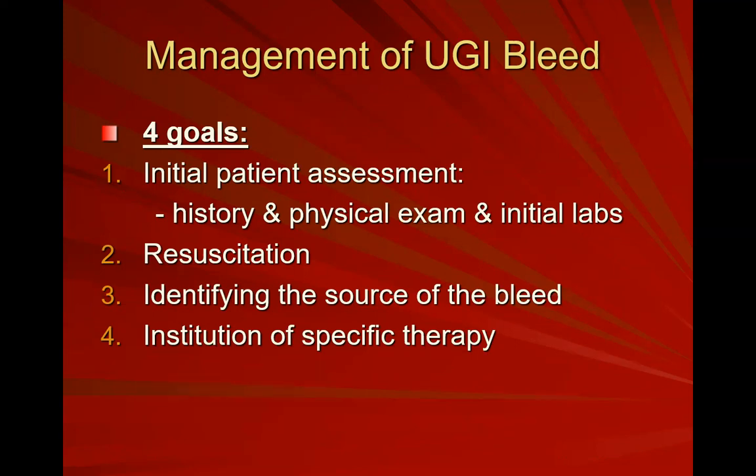Next is to identify the source of bleeding. Once you identify the source, if there is any specific therapy that could treat that cause, you will do it, but that would be after giving blood, resuscitation, and so on.